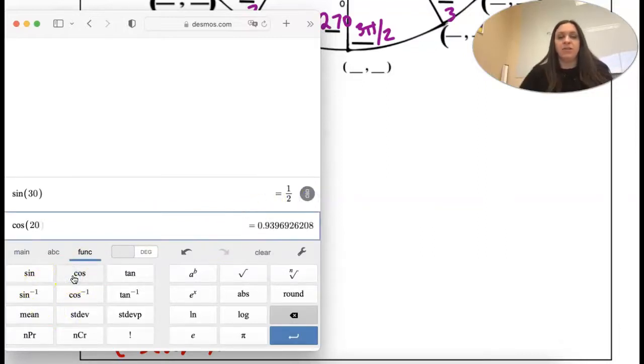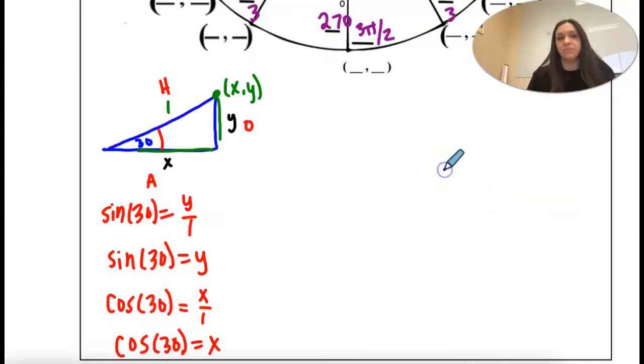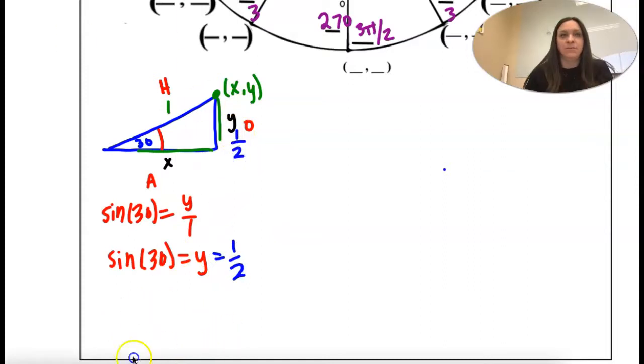Cosine of 30 is a number that we don't recognize. So we're going to have to do some extra work on that one. So y is 1/2. Because we want an exact number, we're going to have to use the Pythagorean theorem. So I have x squared plus 1/2 squared equals 1 squared.